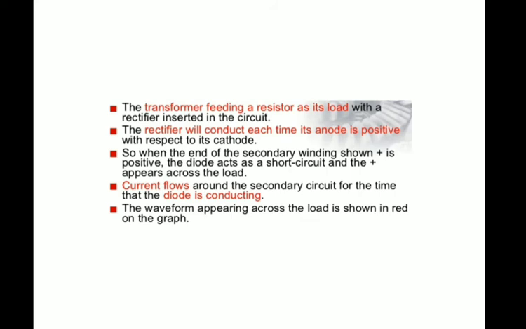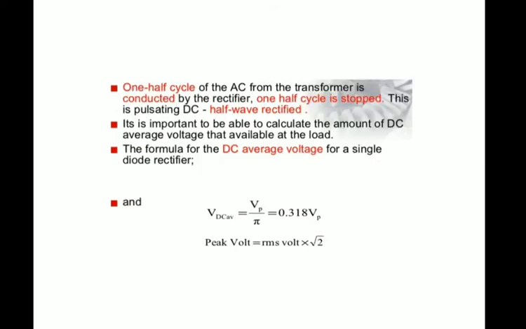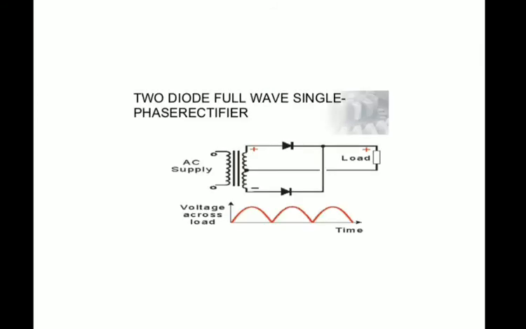So these things are repeatedly given in the single phase rectifier circuit. So VDC is equal to Vp by pi, and the value is 0.318 Vp. The peak voltage is equal to the maximum voltage times root 2.